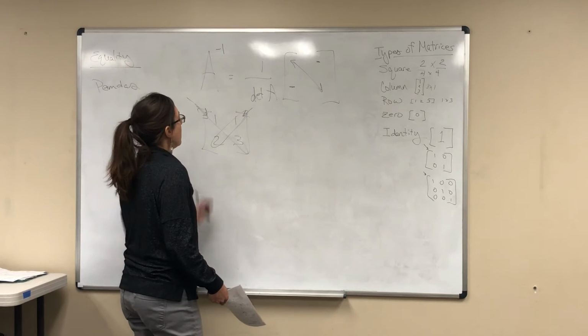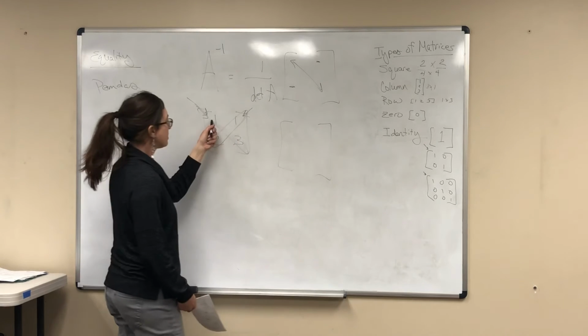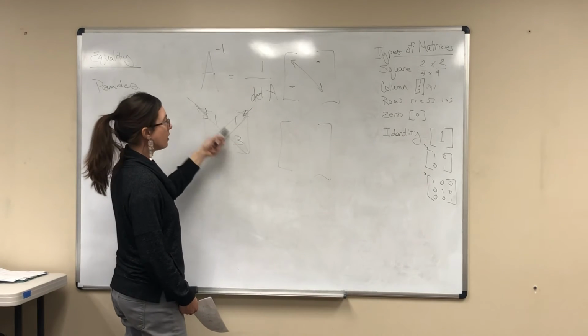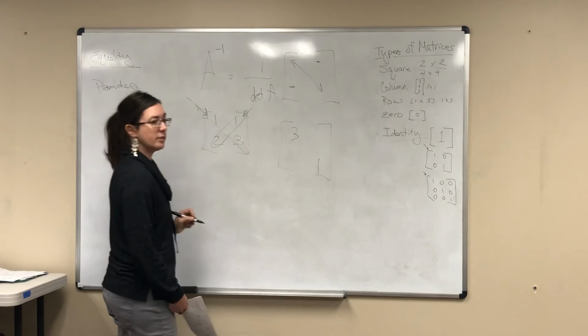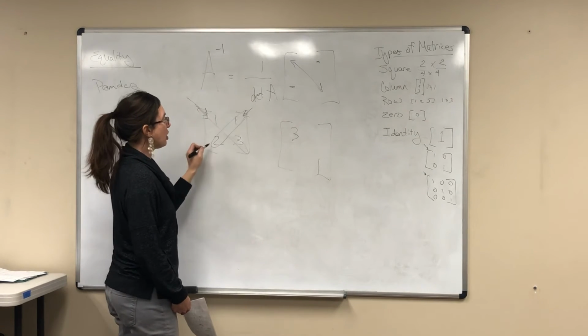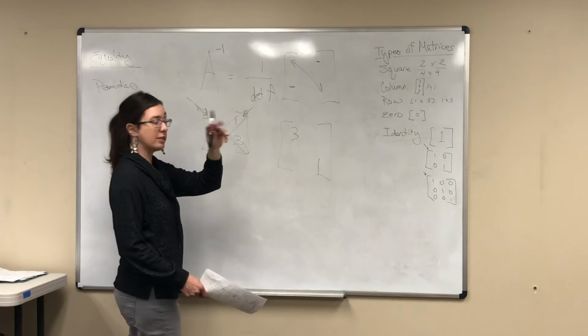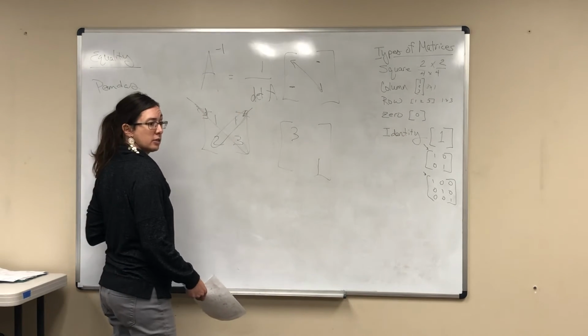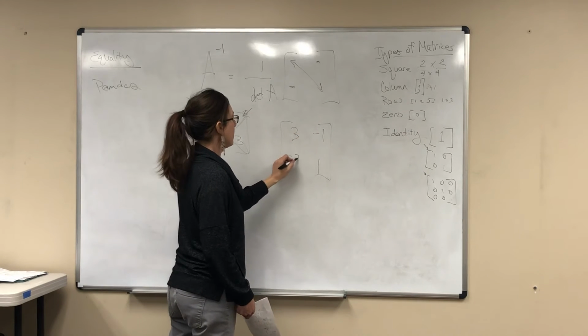Okay. We're going to take our original matrix. We're going to switch our first 2. So now I'm going to have 3 and 1. And I'm going to change the sign of my other two, right? Because these are the ones that we subtract. So now I'd have -1, -2.